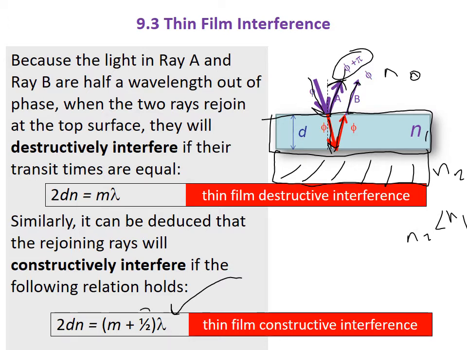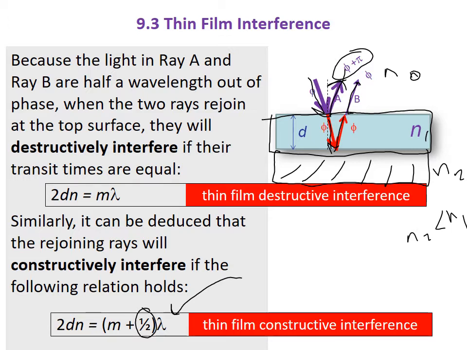You have to add in this 1/2 because for A and B to constructively interfere, you have to account for the fact that the A beam is out of phase by pi, or half of the wavelength. So if these two beams can reconvene at a place where their path difference is half of a wavelength apart, they're once again in phase.